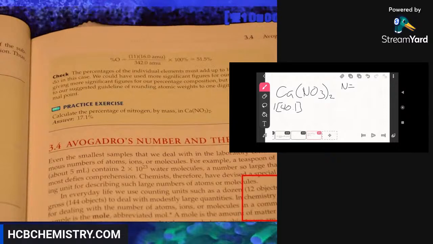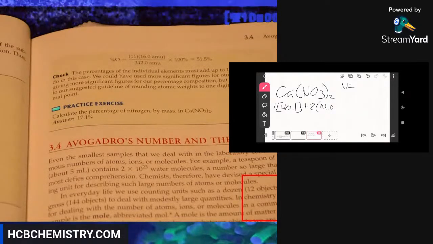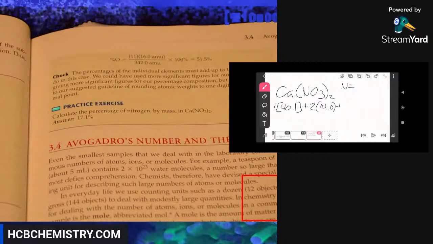All right, you see that? Plus 2 nitrogens, because we multiply this by 2. 2 times, what was nitrogen? 14. Plus 2 times 3 is 6, so you get 6 oxygens.